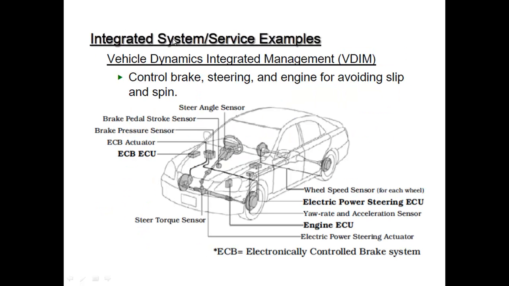Integrated system, as I mentioned, what are the integrated systems in the vehicle dynamic integrated system? It will have control of brake, steering and engine to avoid slip and spin.